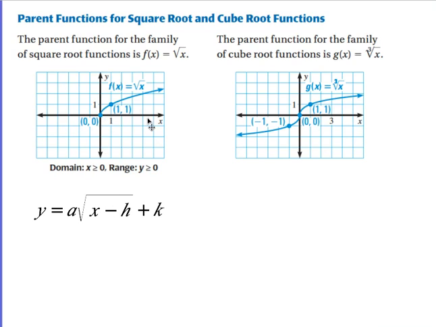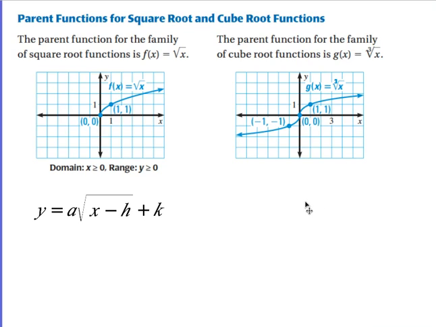And if we're moving right, then we have that minus h. And this plus k is telling us whether we're going to be sliding up or down. So h, k tells us the translation, moving left, right, up, down, while a tells us whether we're reflecting over the x-axis or if we're going to be shrinking the function or stretching it out.